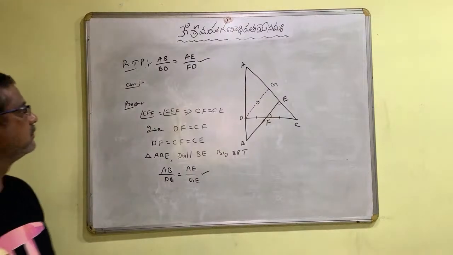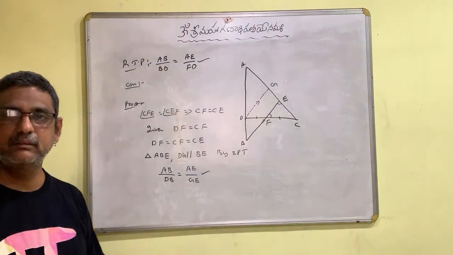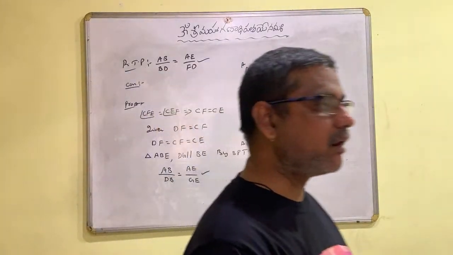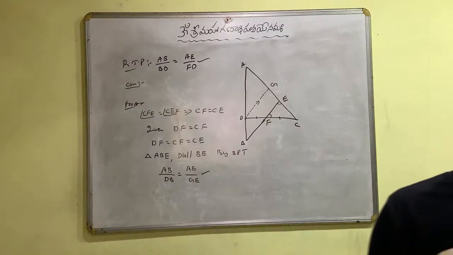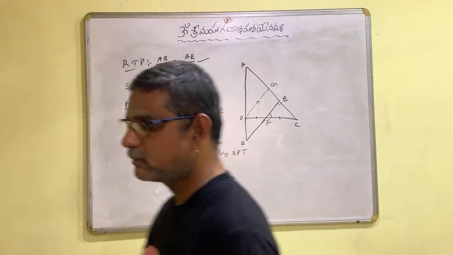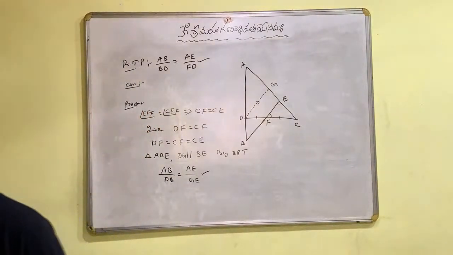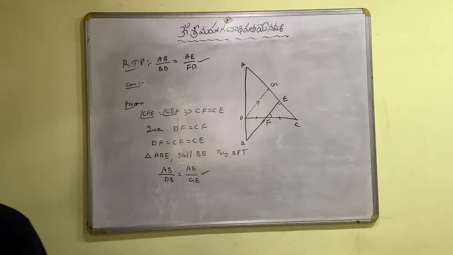Now, what is the difference between the answer and what we got? There is only a small difference. What is the small difference? Yes. Answer it is FD, but we got GE.